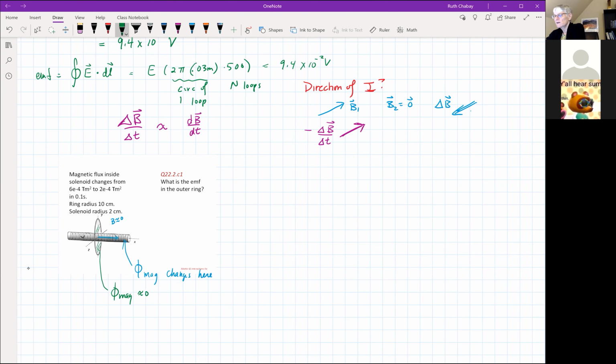So to calculate this magnetic flux, which has been done for us here, this is going to be the magnetic field inside the ring, times the area of one turn of the solenoid. And then we're going to have to multiply by the number of turns.